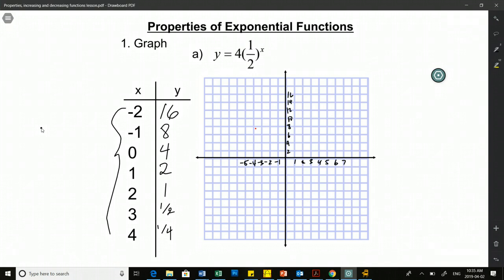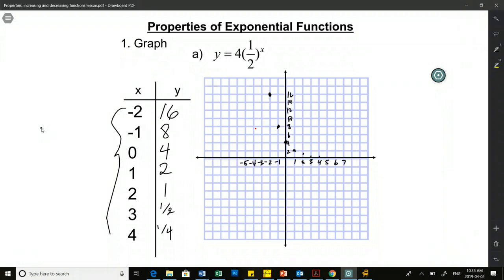Okay, and then we're just going to start plotting our points here. So -2, 16, -1, 8, 0, 4, 1, 2, 2, 1.